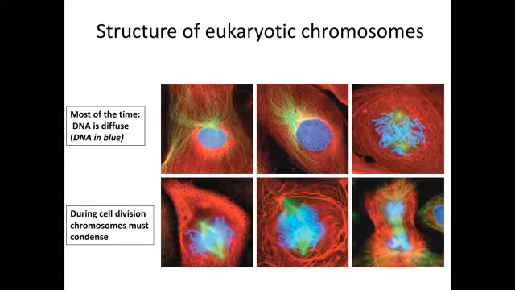In fact, it's all just squiggly threads, all diffuse within the nucleus, and it's really only during cell division, when the chromosomes condense, that we actually see them as we've been showing them throughout this entire class.